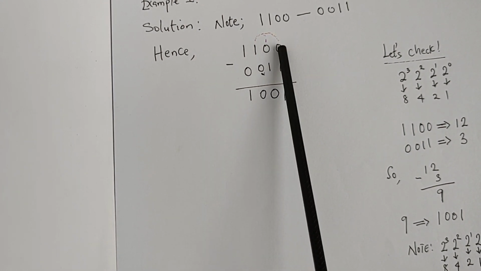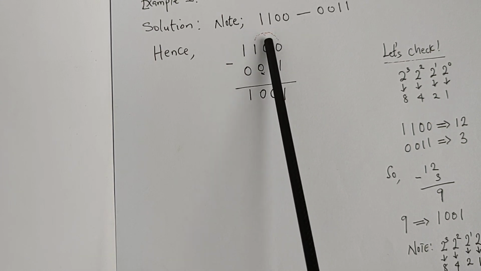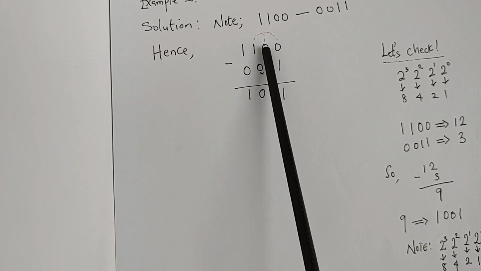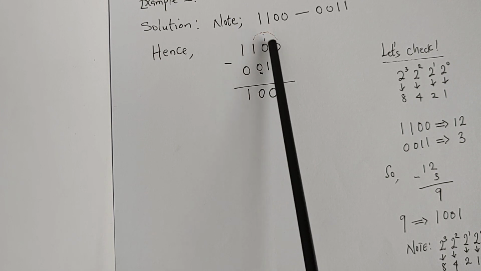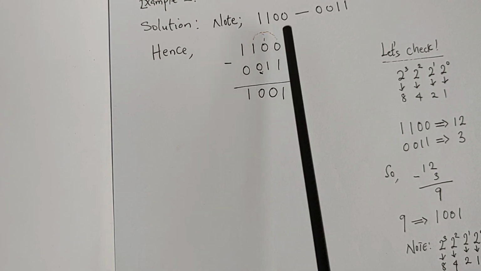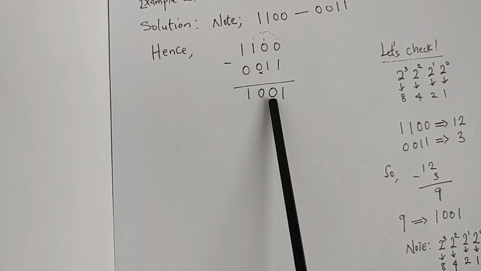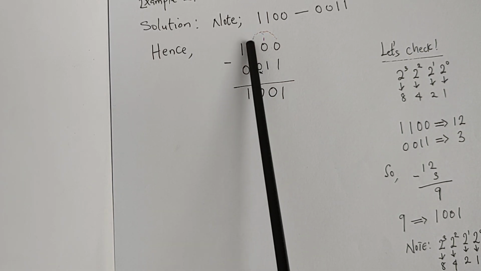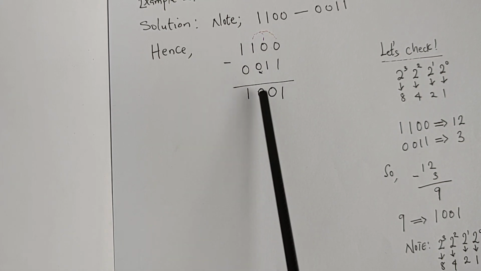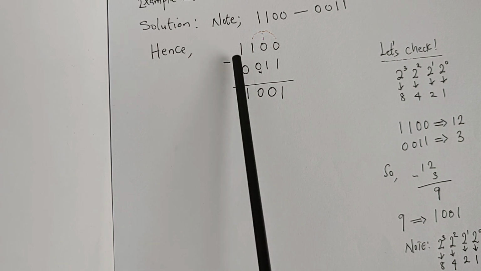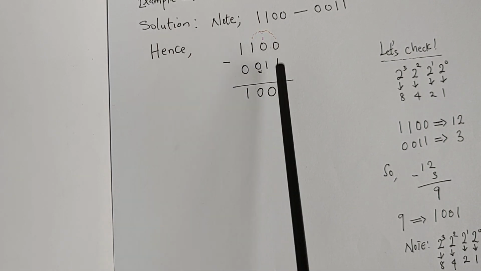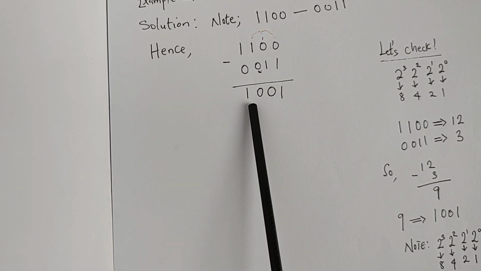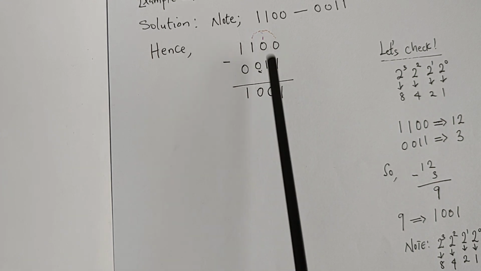We give that 1 that we have borrowed to the previous bit. This is the rule. Once you do that, we have 1 at this point. So 1 minus 1 is going to be 0. At this point where we have borrowed 1, this part is going to become 0. So we have 0 minus 0, which is 0. For this last operation, we have 1 minus 0, which is going to be 1. In this case, the final answer for this operation is 1001.